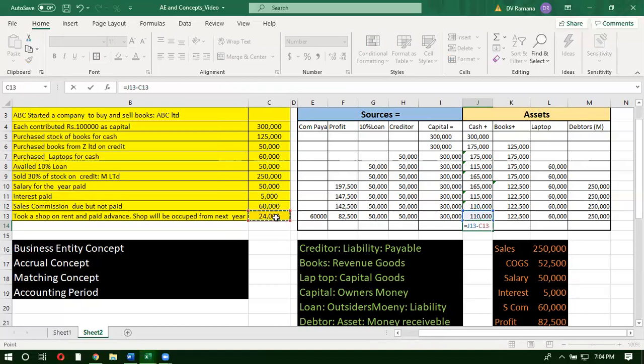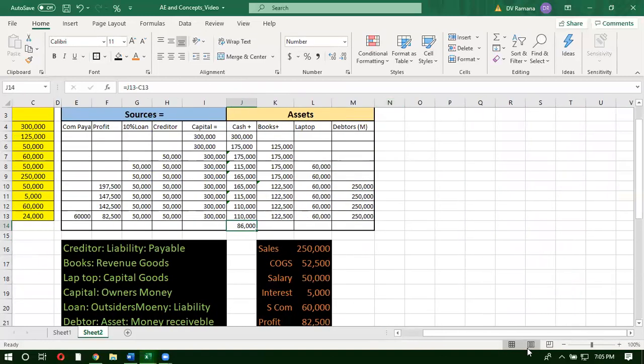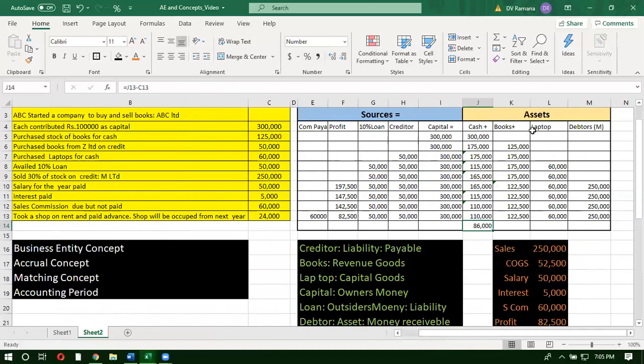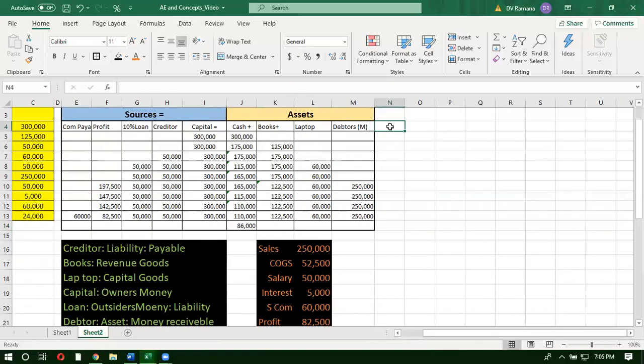The benefit of this will be reaped in the next year. So this is an asset for the company, and we give a new name to that asset: not books, not laptop, not a debtor, but a new asset called advance rent.